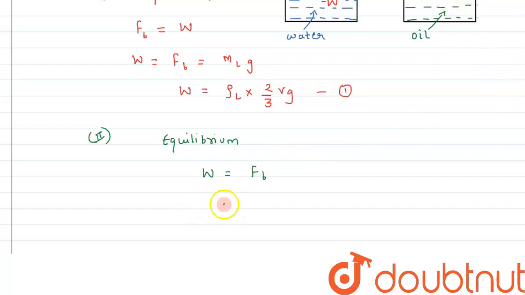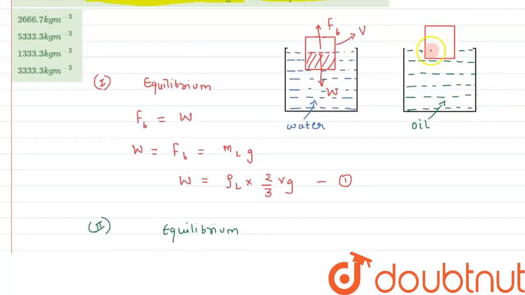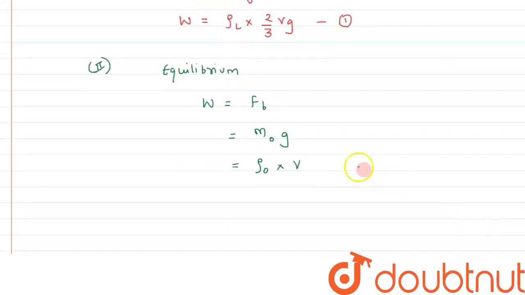So we can write m of oil into g, and again this can be written as rho of oil into the volume displaced. The volume displaced is 1/4 of the block V, so we write it as V by 4 into g. This is the second equation.